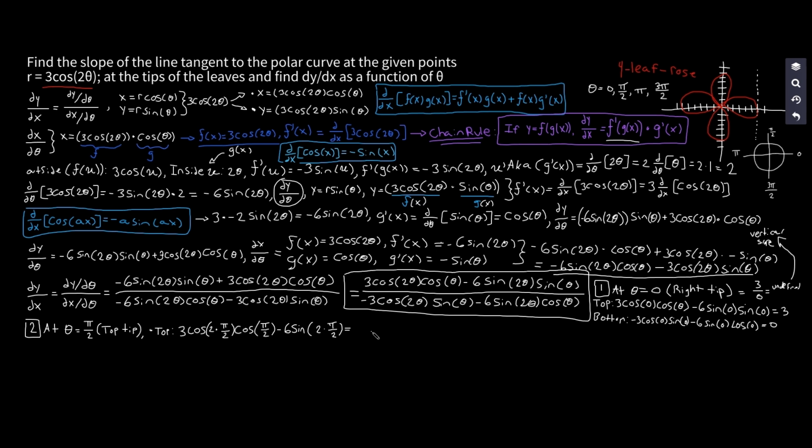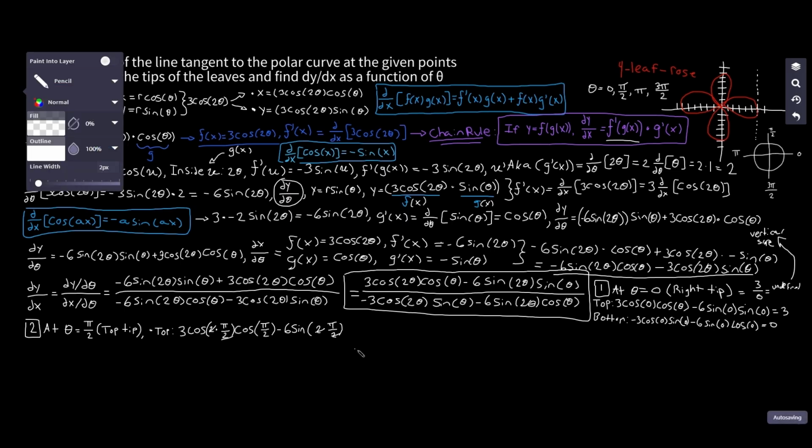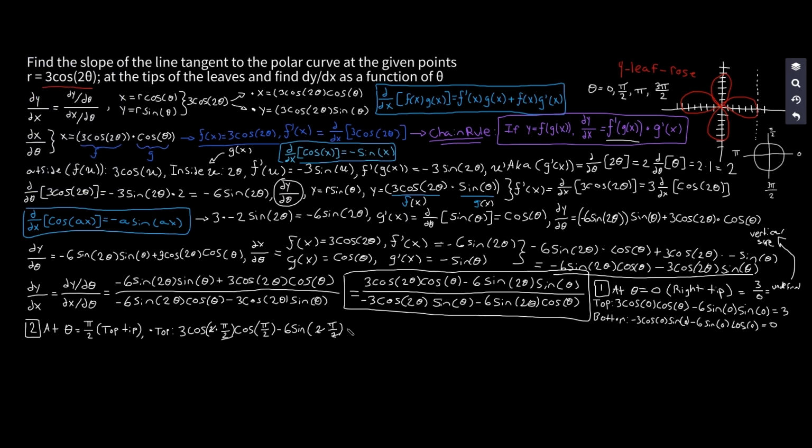Well, that's going to equal, let's see, we're going to get 3, because these 2s are going to cancel. Oh yeah, hold on. You've got another sine. That's actually going to be times sine of pi over 2.